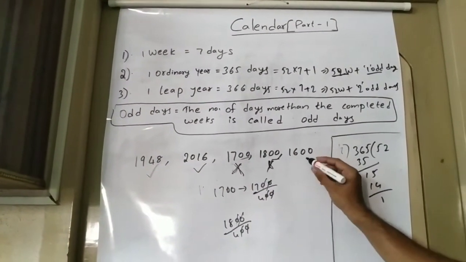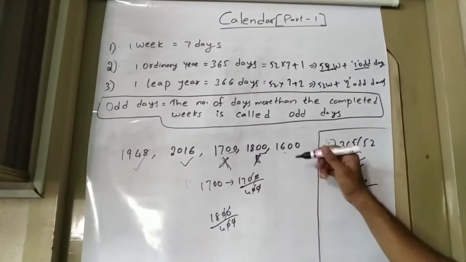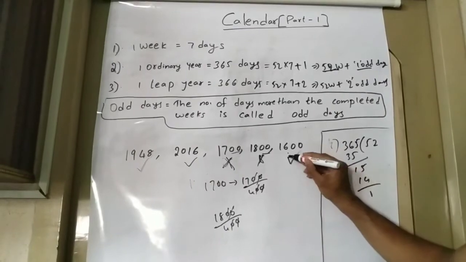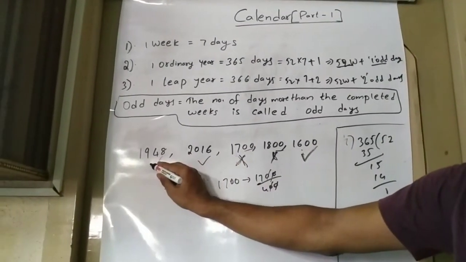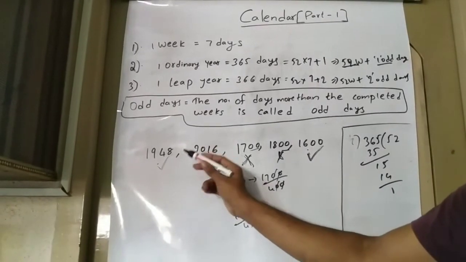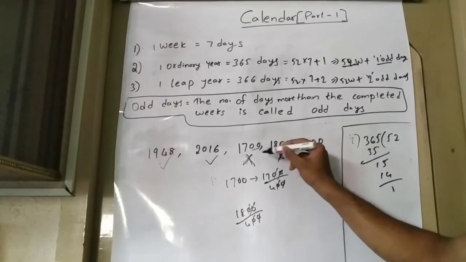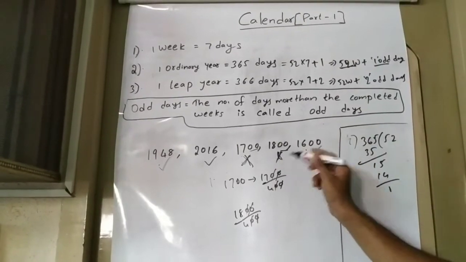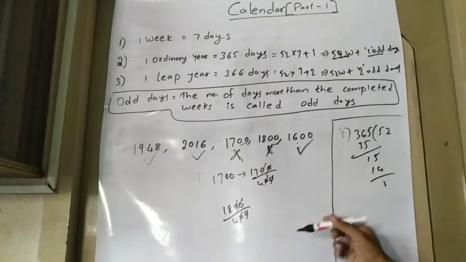And for 1600, 400 divides 1600 exactly 4 times, so it is a leap year. For normal years we can divide by 4 to check whether it is a leap year or not. For century years, the years whose last 2 digits are 0, we should check by dividing with 400.